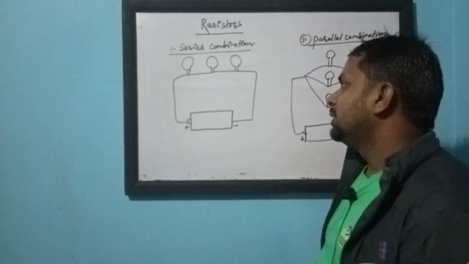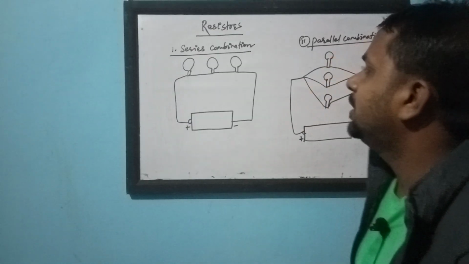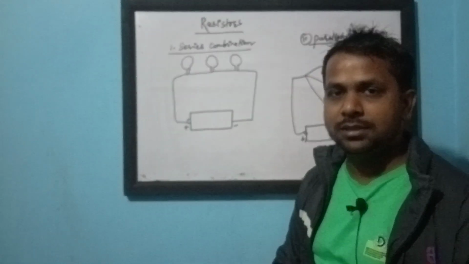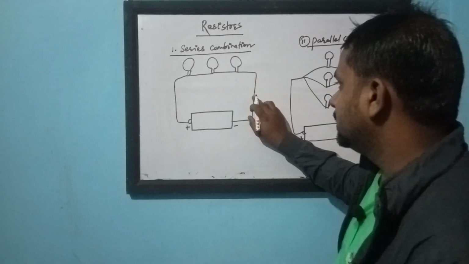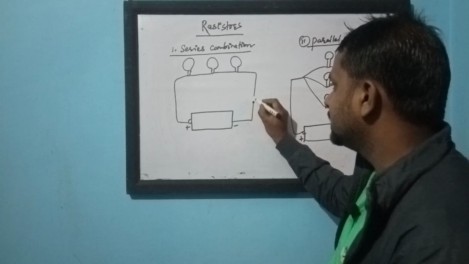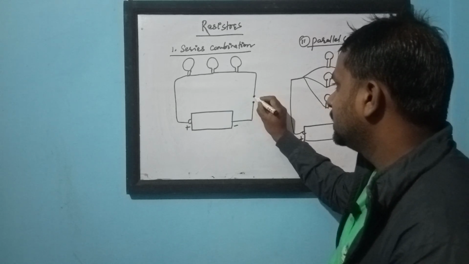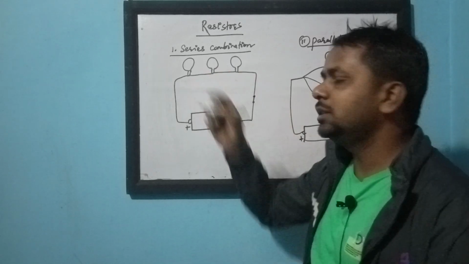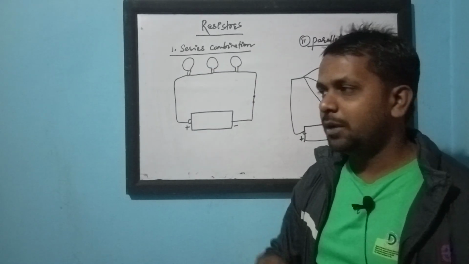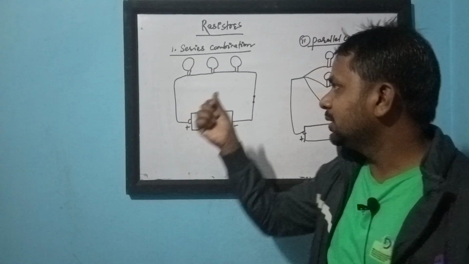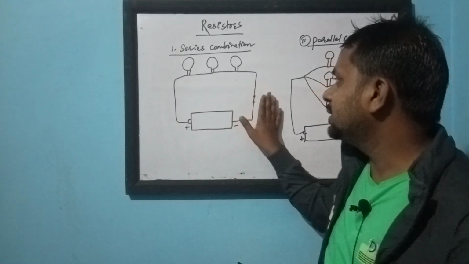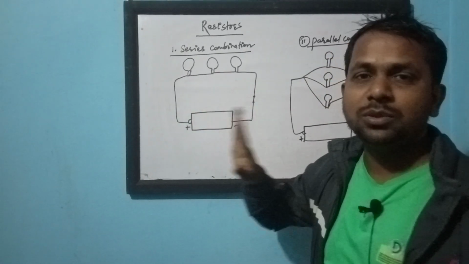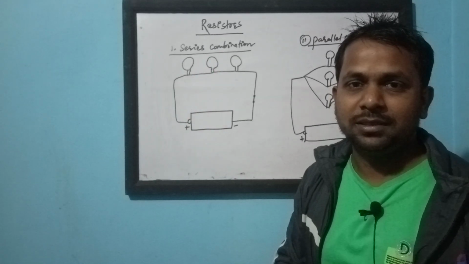Okay. Let us observe some properties of series combination. What happens here? Here only one switch can be kept for all three resistors. By one switch we can operate all three. We cannot use a separate switch for a separate instrument.